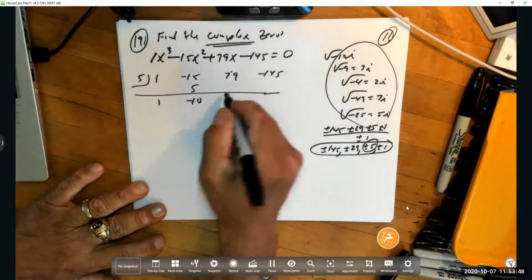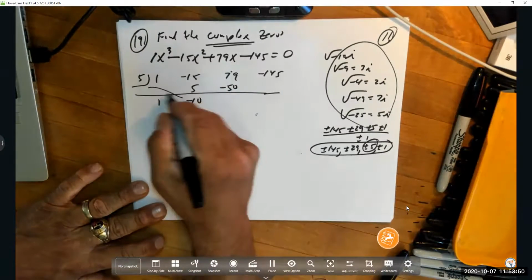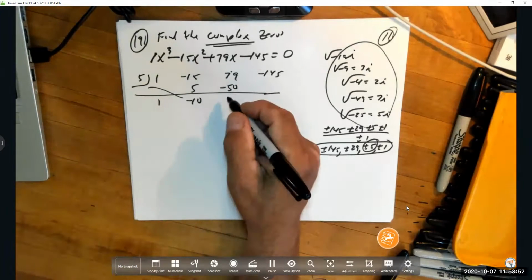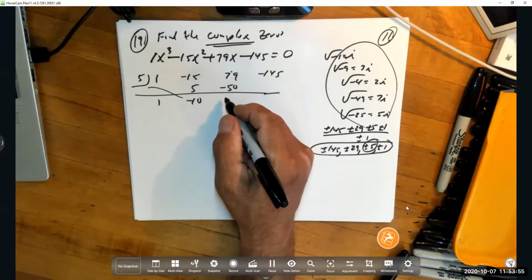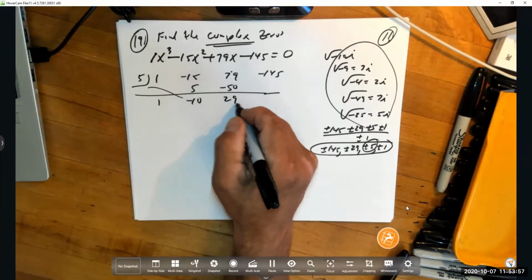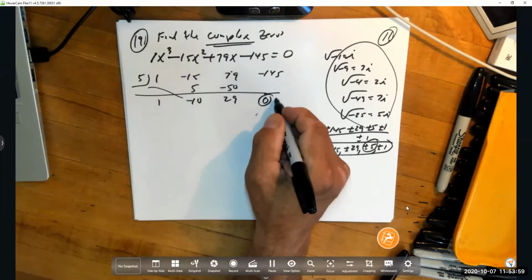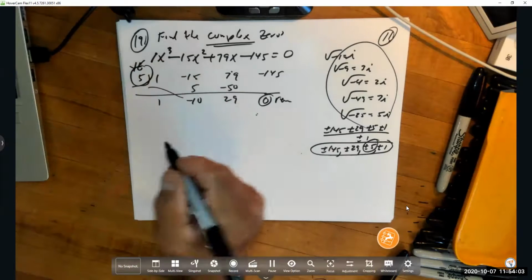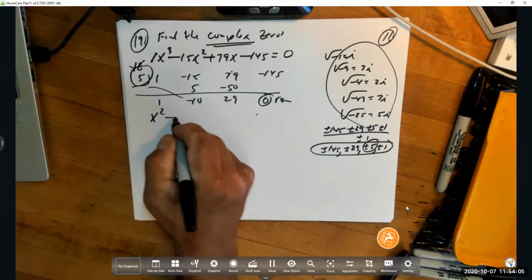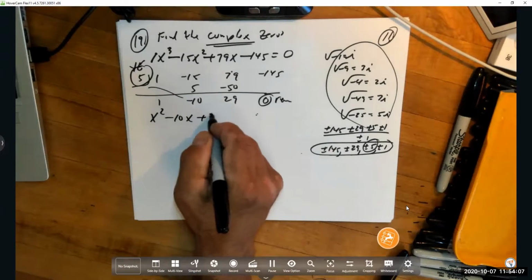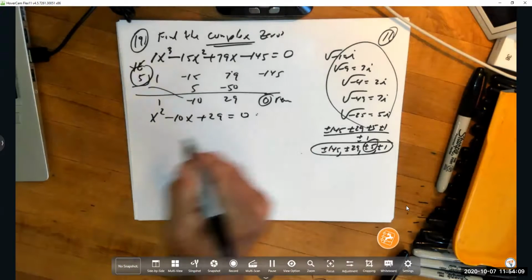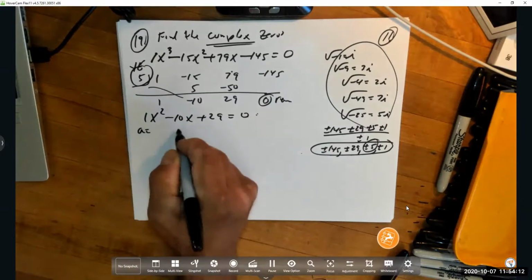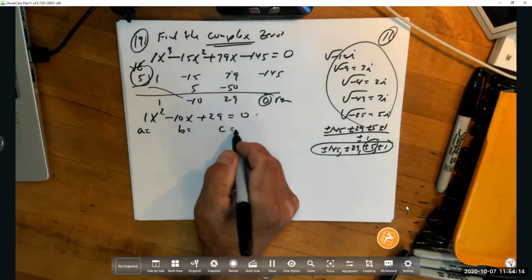And 5 times that is negative 50. So what is 79 minus 50? 29. And then you have 0. The remainder is 0, so it means yes, this is an answer. All right. So this is x squared minus 10x plus 29. What is A, B, and C?